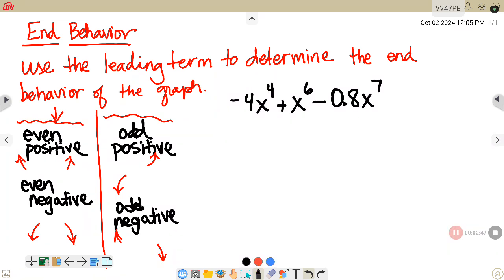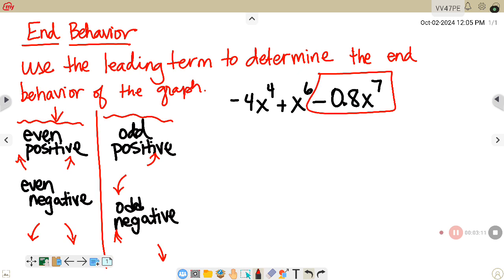On this next example, I have negative 4x to the 4th plus x to the 6th minus 0.8x to the 7th. Remember that your leading term is not necessarily your first term. It's the term that has the highest exponent. So I'm actually looking at this term because 7 is the highest exponent.